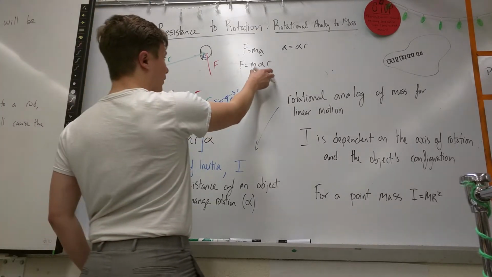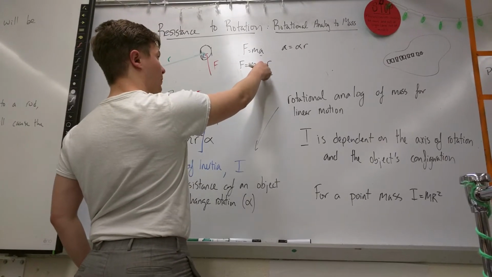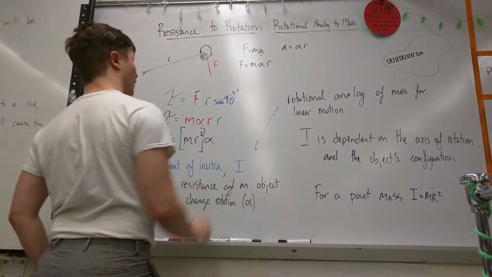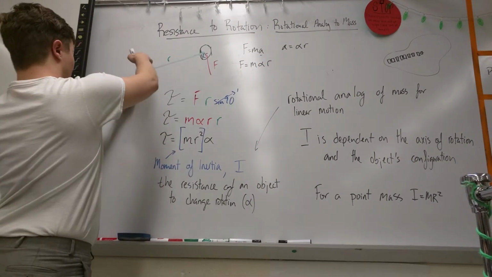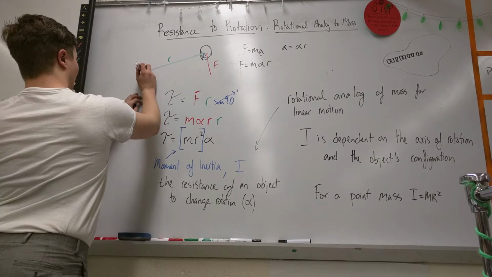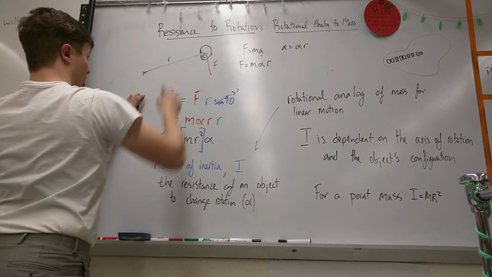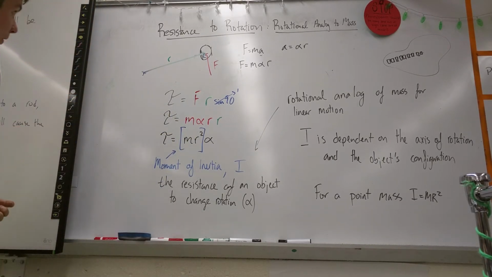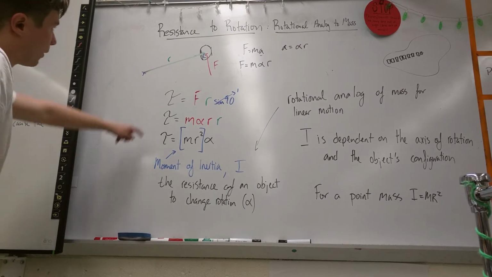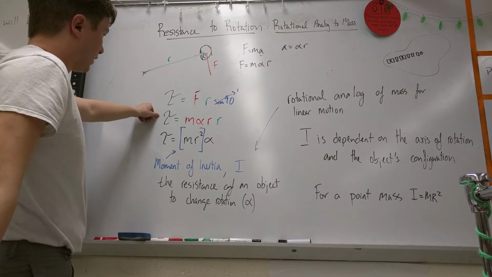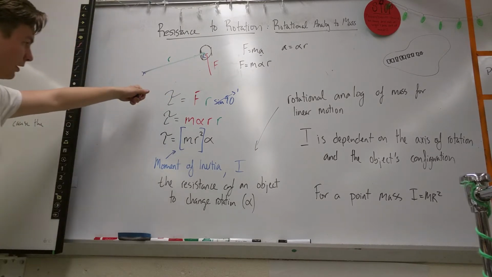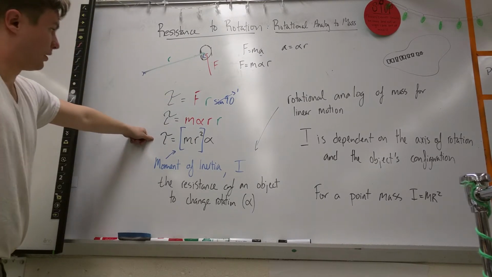And I can now write this expression: m times angular acceleration times r, where this r is the distance from the axis of rotation to the point that is being rotated. Now, I can plug all that in for F, and simplified, I get this.